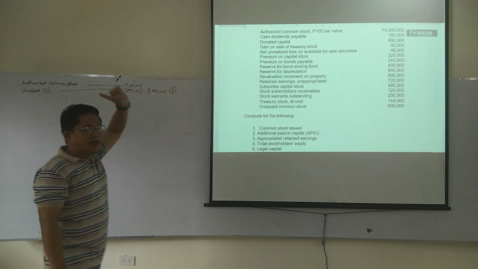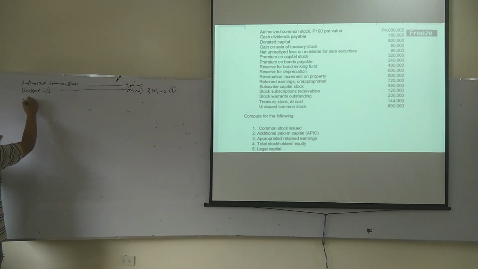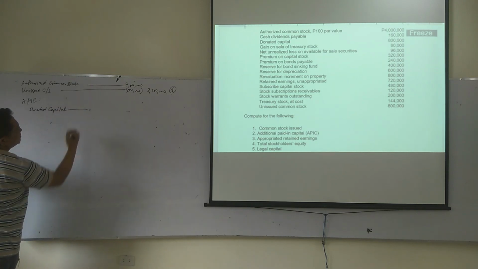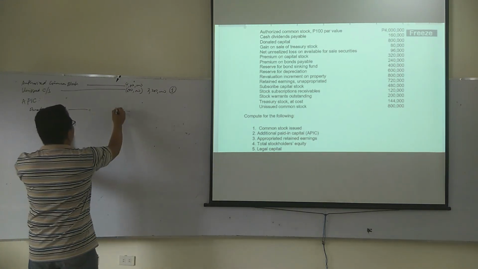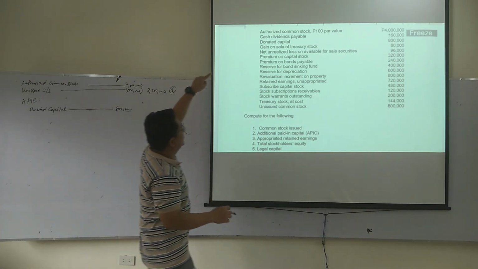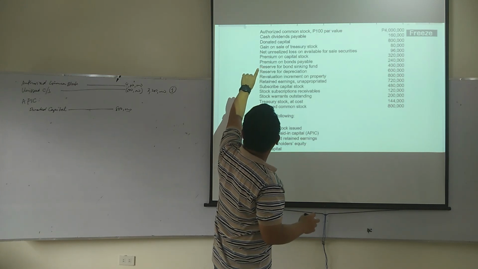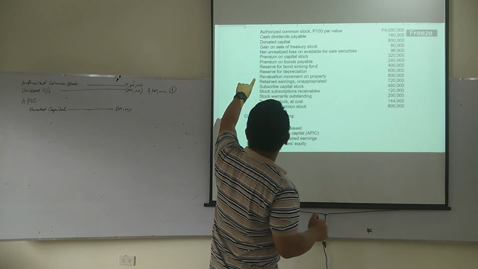Cash dividends payable, out. That's a liability. So you have additional paid-in capital, you have donated capital of 800,000. So that's done. Then what else do we have for additional paid-in capital?